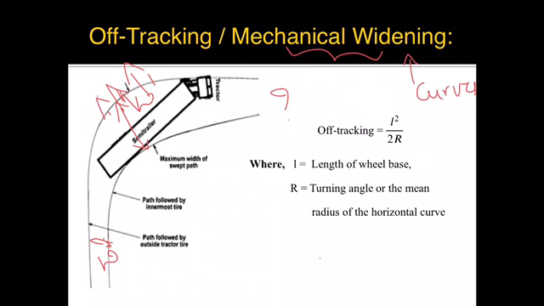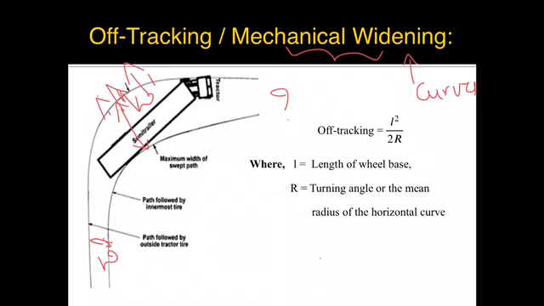Whenever, at relatively lower speed, the centrifugal force developed is lesser than the counteracting force due to the super elevation and the transverse friction, the rear wheels follow a path on the inner side of the horizontal curve as compared to the path followed by the corresponding set of front wheels, as you can see in the picture here. Now to avoid the vehicles coming out of your pavement surface, you need to increase the width of the pavement at the curve portion.